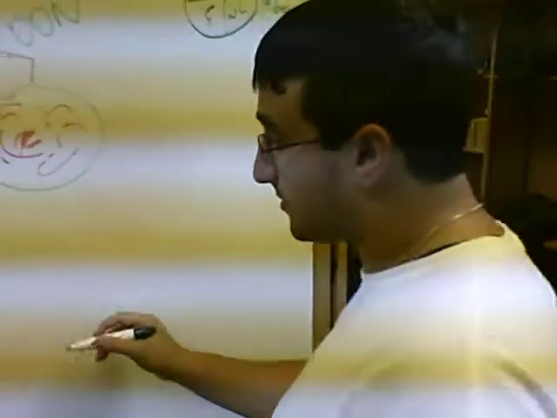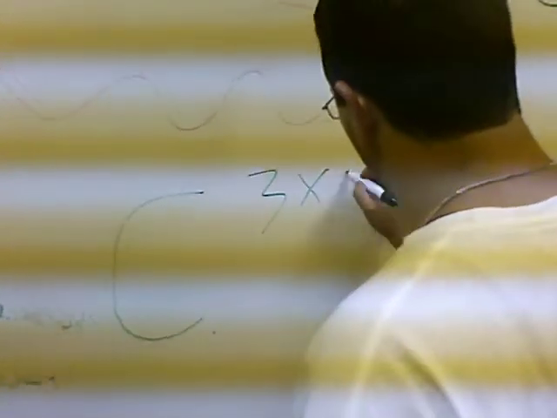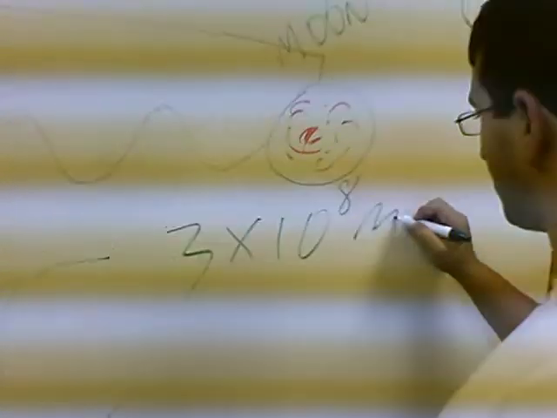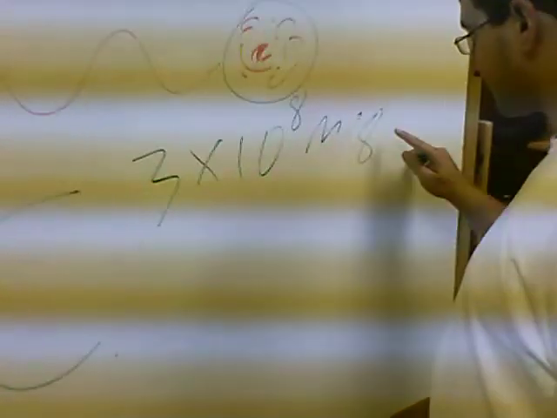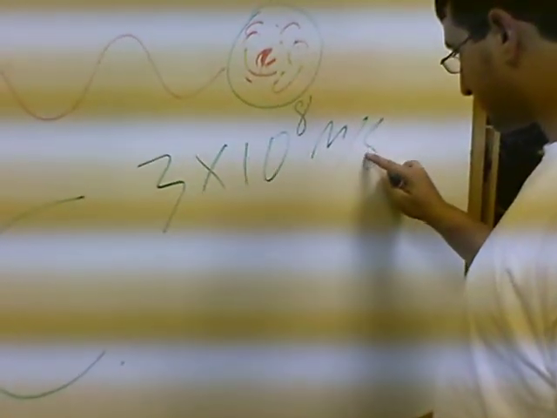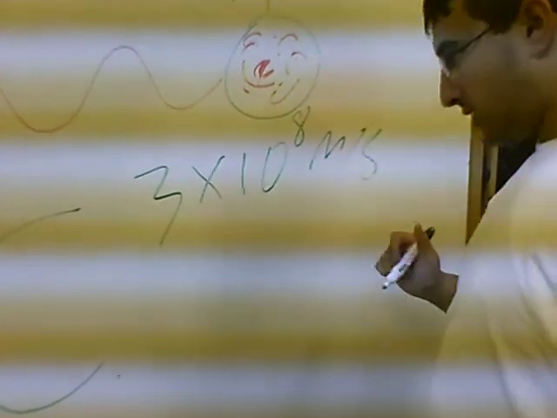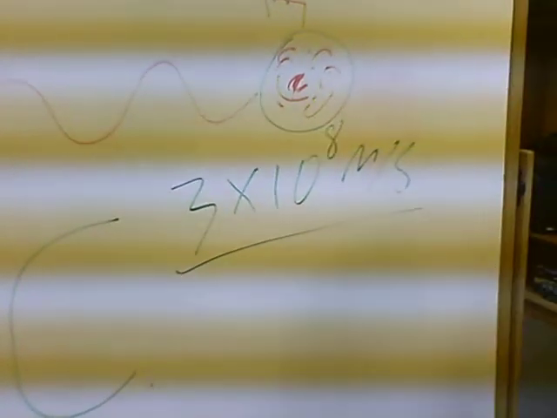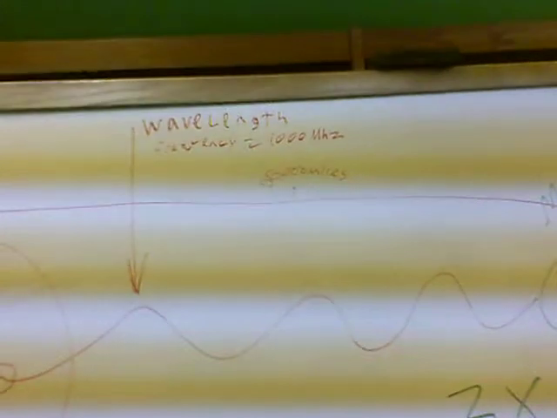Anywho, we know our velocity is 3 times 10 to the 8th meters per second. And we know our frequency is 1000 megahertz. But I can't just use 1000.